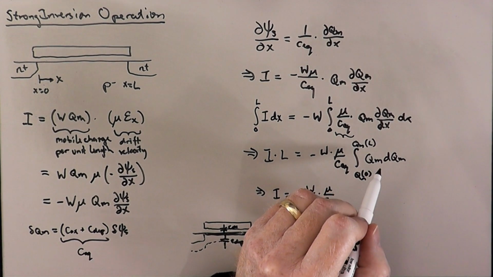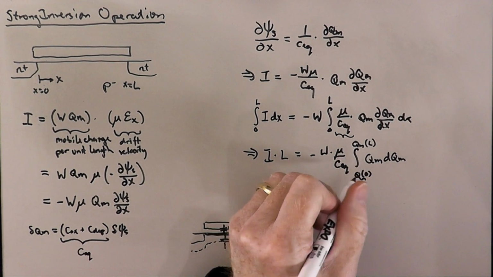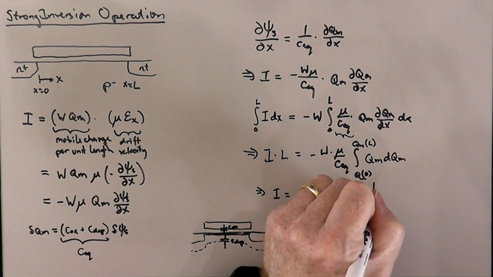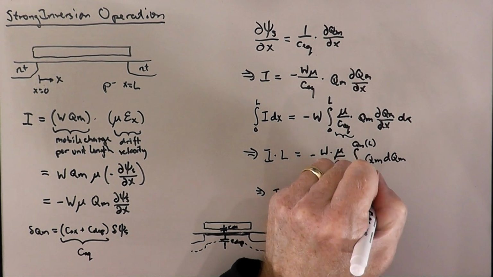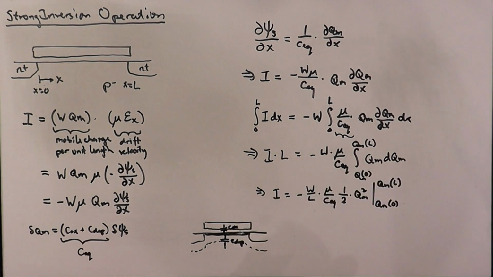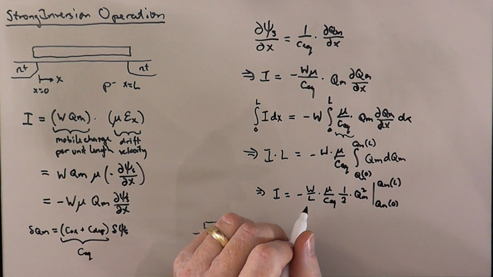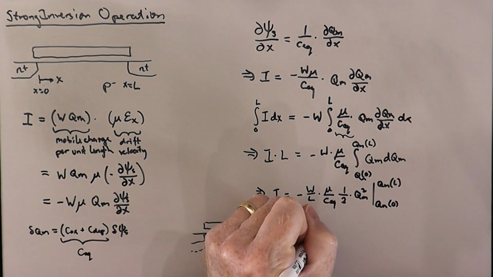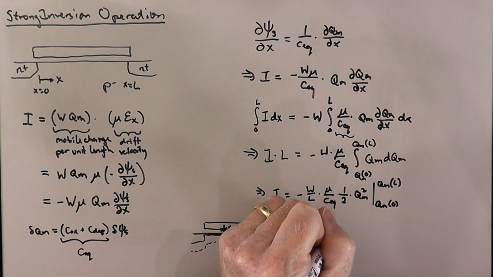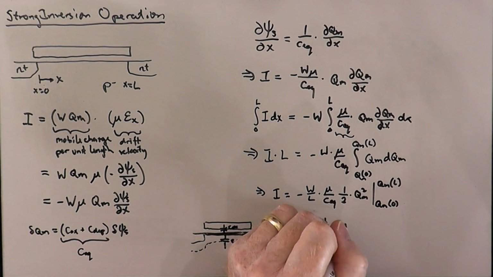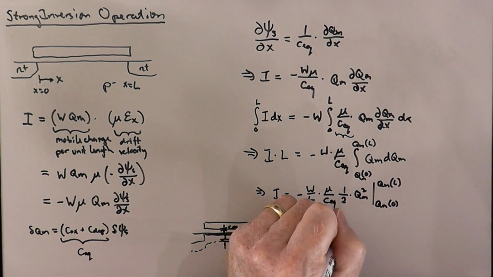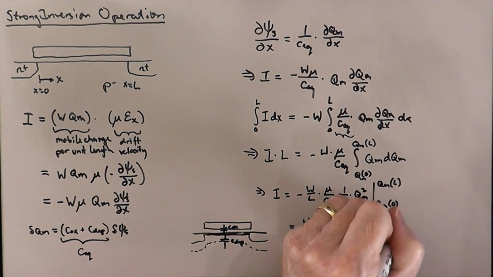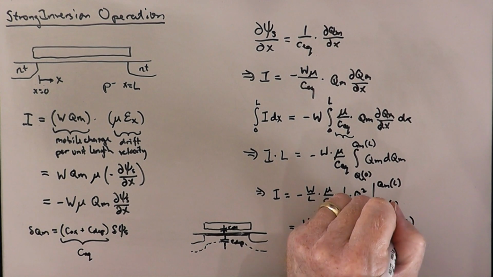It's just 1/2 of Qm squared, evaluated from Qm at 0 to Qm at L. So we can rewrite this as W over L times mu over 2C equivalent, times Qm evaluated at 0 squared minus Qm evaluated at L squared.